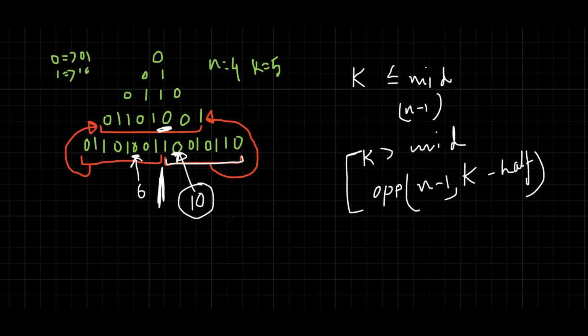So we can say this value 0 is exactly opposite to the previous row's element at k minus the mid value, which is 10 minus 8, which is 2. So this value 0 is exactly opposite to the second element of the previous row, which is this value 1.